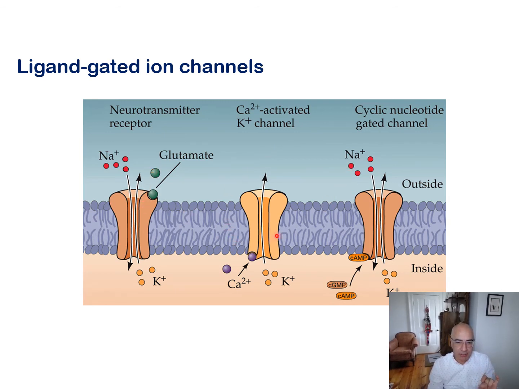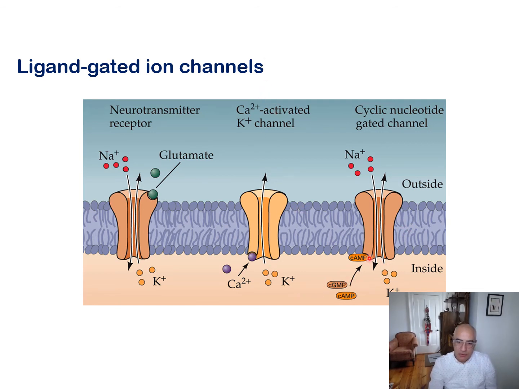Here's an example of a ligand-gated channel that is a calcium-activated potassium channel. The permeability is to potassium, that's the ion it allows through, but the ligand that activates it is calcium. Calcium binds to this channel, not receptor, channel, and when it binds, the channel pore opens and allows potassium to go out of the cell.